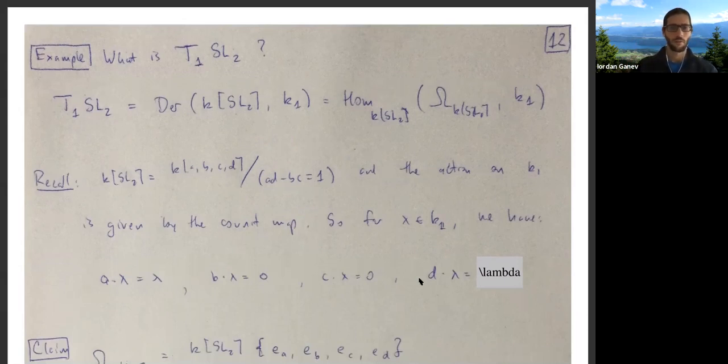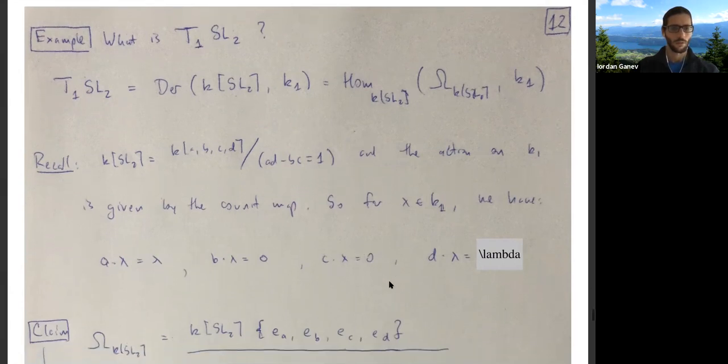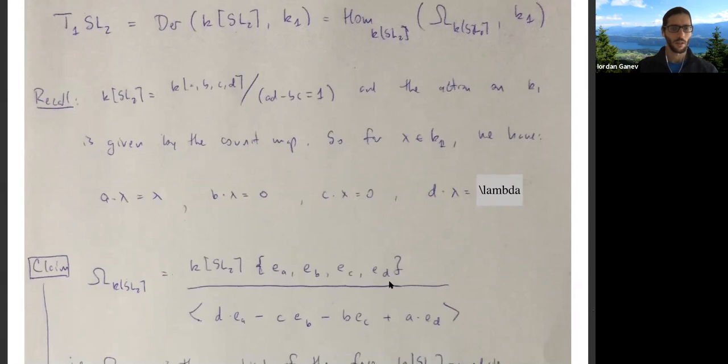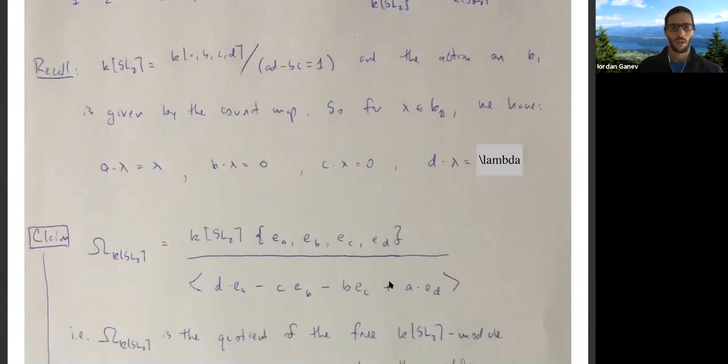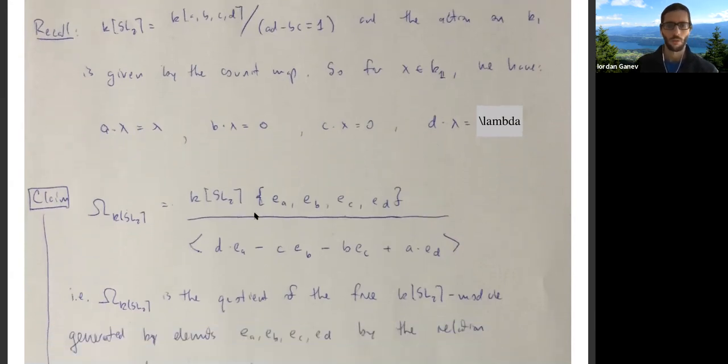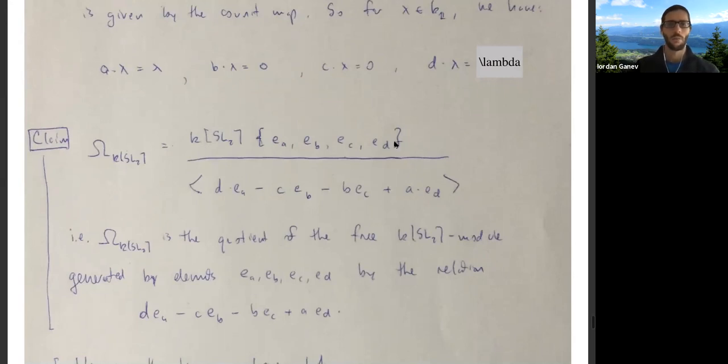Okay, so these are just notational recollections. The claim is that the Kähler differentials of SL2 is the free module. I wrote it in symbols and in words here. It's the free module on four elements mod this relation, mod the submodule generated by this element.